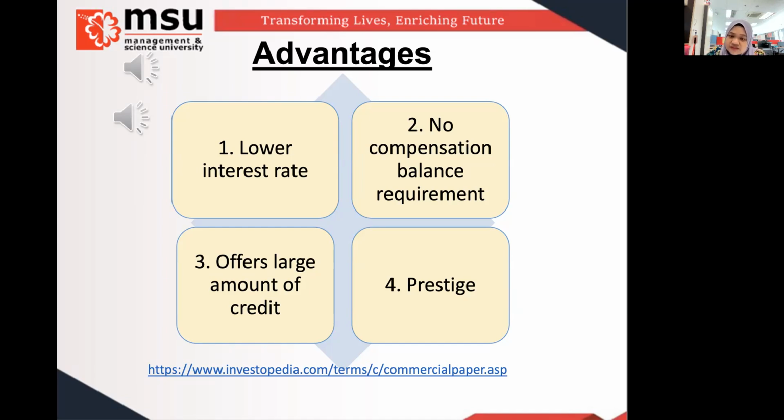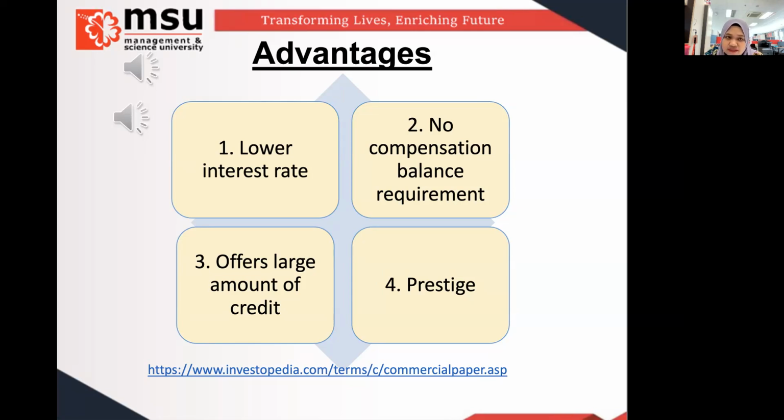And the last one is prestige. Prestige means that not only a big company can issue commercial paper; a small firm cannot issue commercial paper. There are certain companies that are allowed to issue it. Basically, a company which is financially stable, and also a company which has a very good rating, can issue commercial paper.